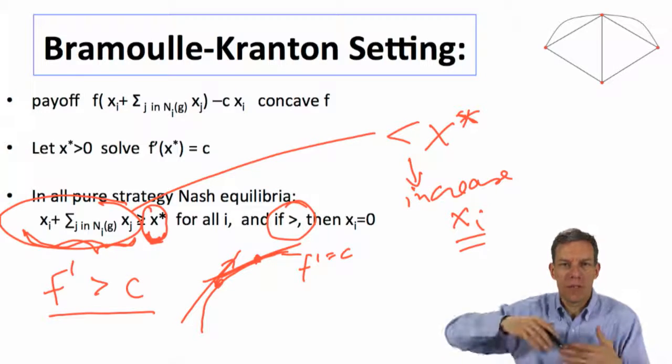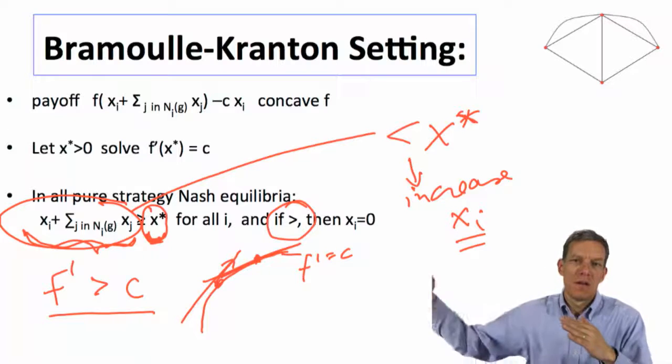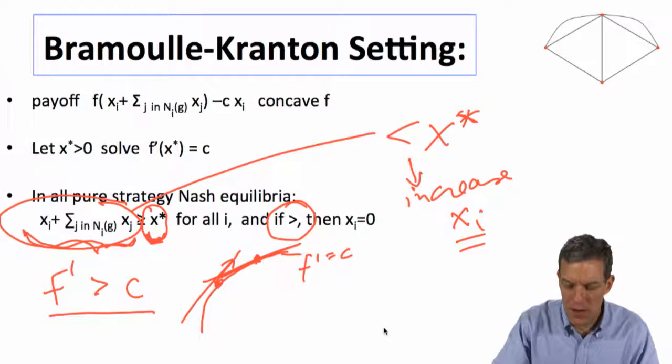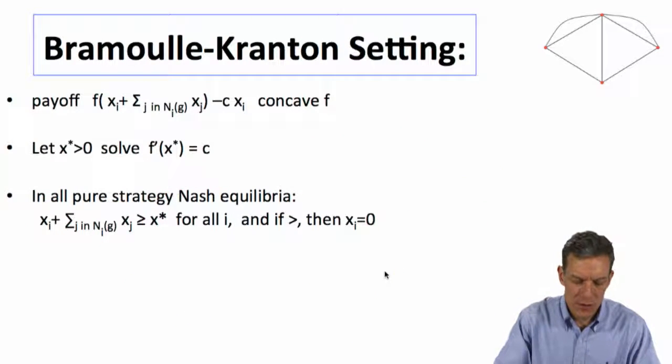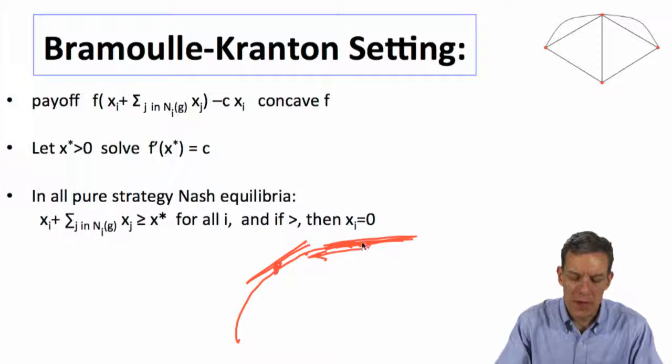And why is that? Because if we've gone too far, then by decreasing my action, if I'm providing positive action, what I lose would be less in terms of the slope than the c.